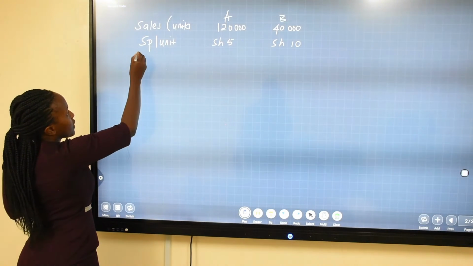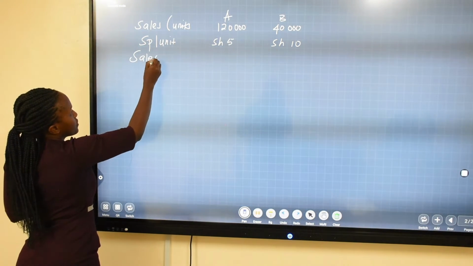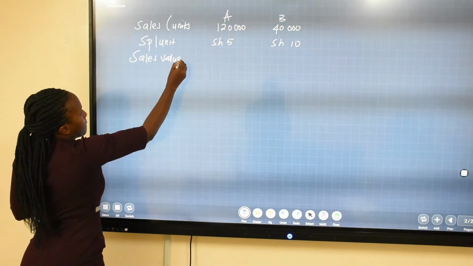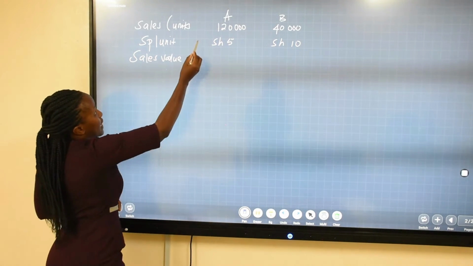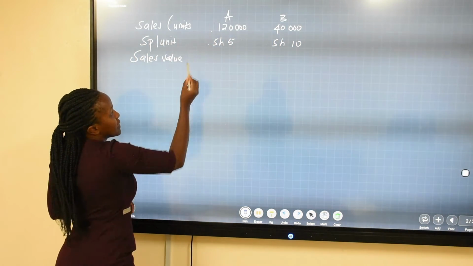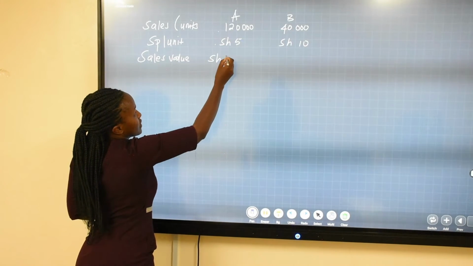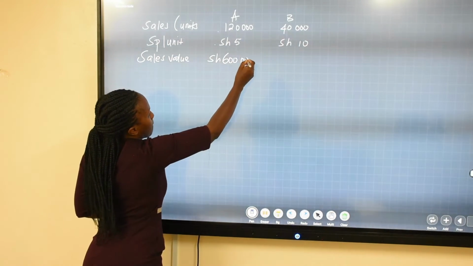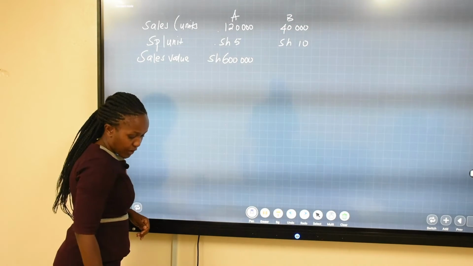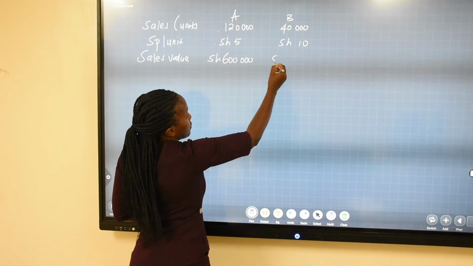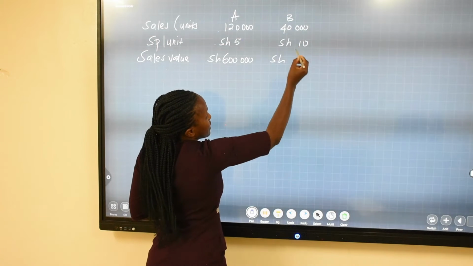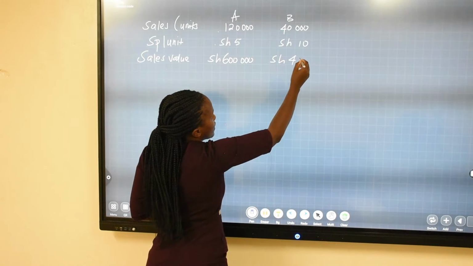So our sales value is equal to the sales in units multiplied by the selling price. You multiply 120,000 times 5 and get shillings 600,000. You also multiply 40,000 times 10, which is 400,000.